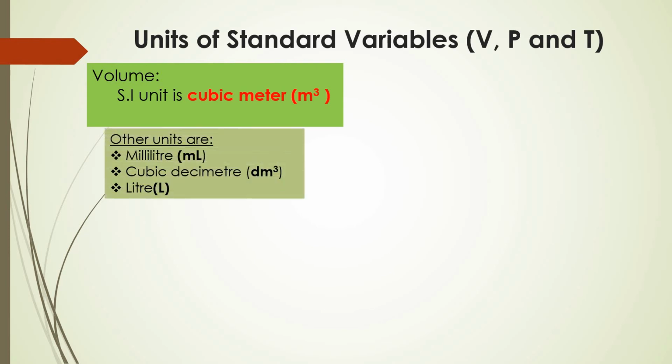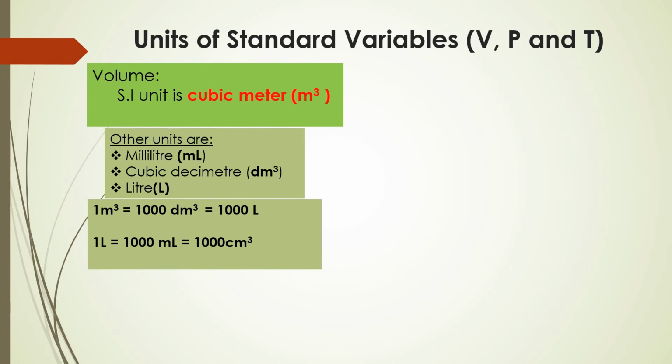There are other units of volume also, such as milliliter, written as mL, cubic decimeter, dm^3, and liter, L. 1 meter cube is equal to 1000 decimeter cube, which is equal to 1000 liters. 1 liter is equal to 1000 milliliter, which is also equivalent to 1000 centimeter cube. So I want you to learn these relations of different units of volume.